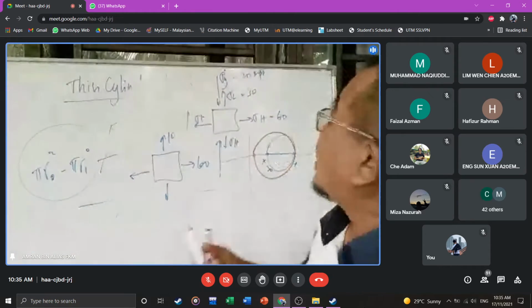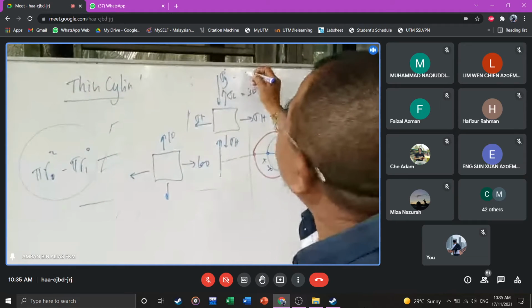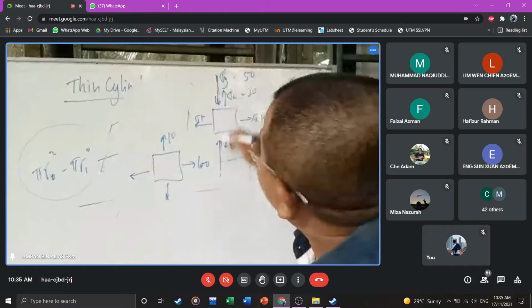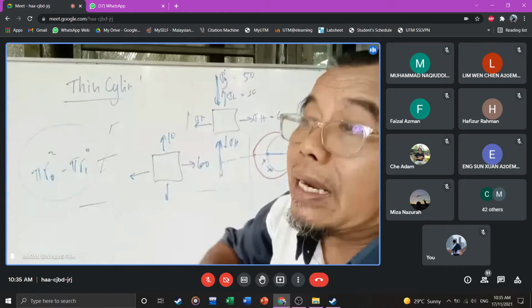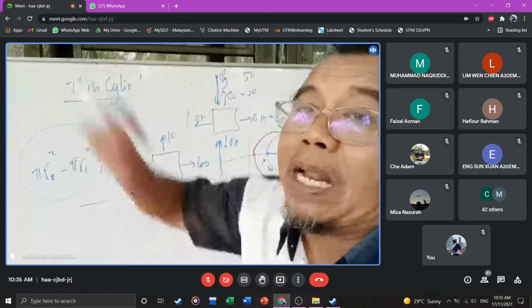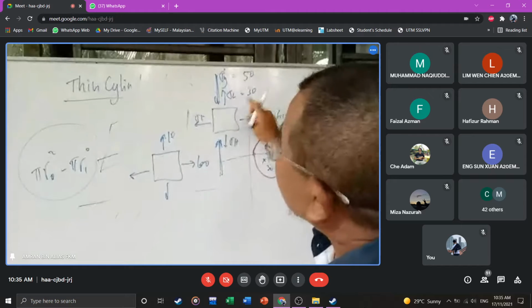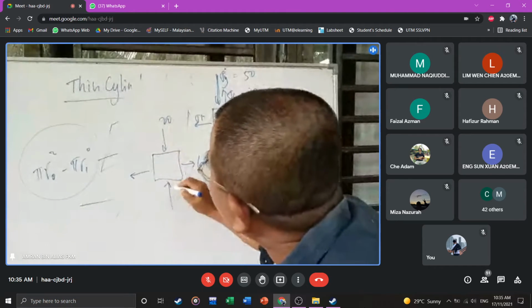If the force here is more than 30, let's say the value is 50 but compressive, the weight of the book is so heavy, the compressive stress is higher than the pressure pushing outside. So 50 minus 20, this becomes minus 20.